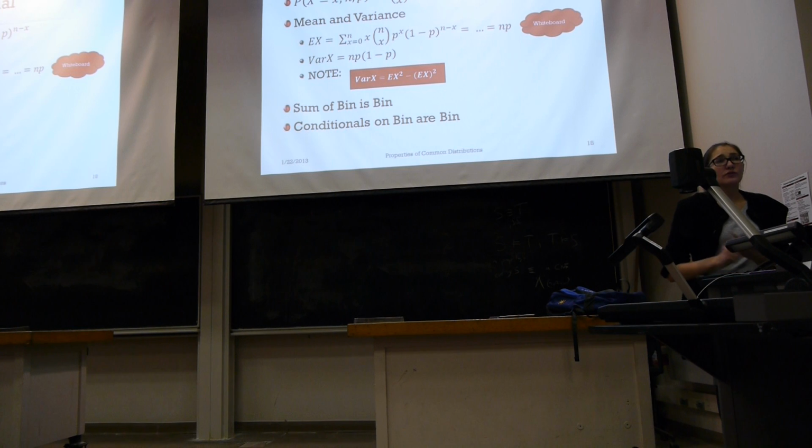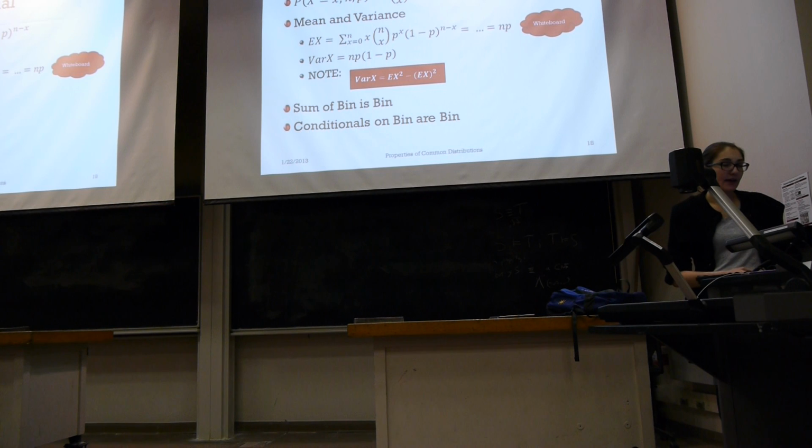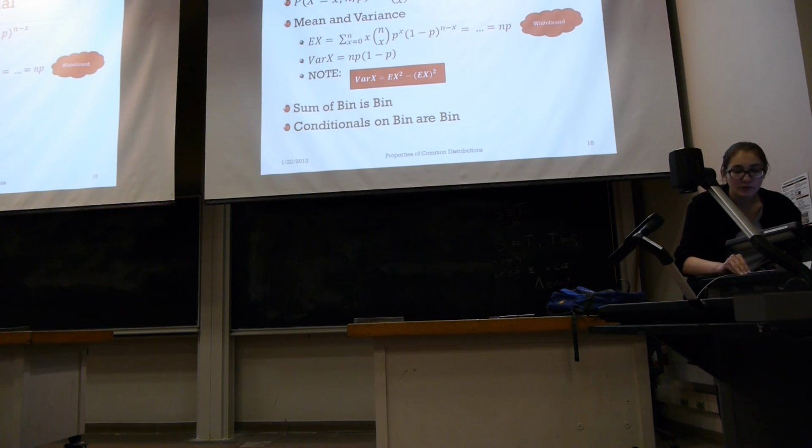Now, the binomial, you've discussed this in class, so I'll just state that the mean and the variance are np and np times 1 minus p, and to get to these, you require some combinatorics. I was planning to do it on the whiteboard, but since it's already almost 5:30, I don't think we'll have time.